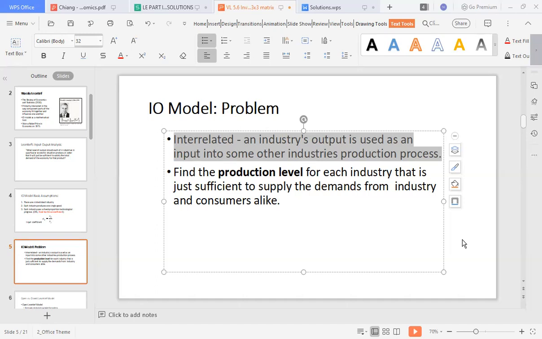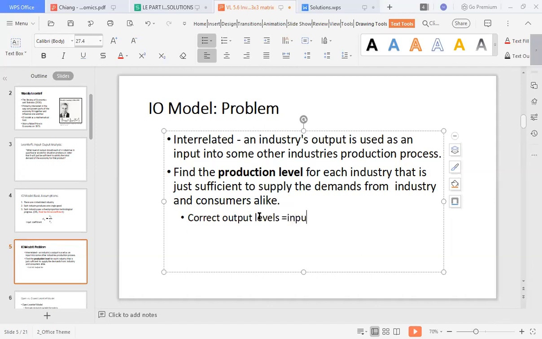Okay, so another thing as well is that what we're trying to solve here is we're looking for that production level for each industry that is just sufficient to supply the demands from industry and consumers alike. So in that case, class, we will treat the IO model as correct output levels equal or consistent with all the input requirements.